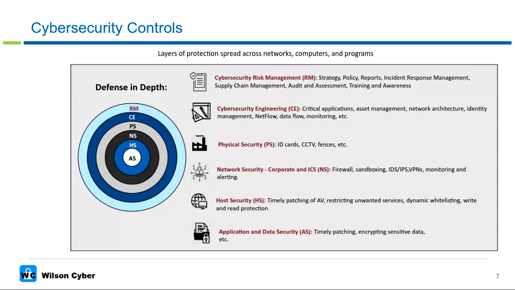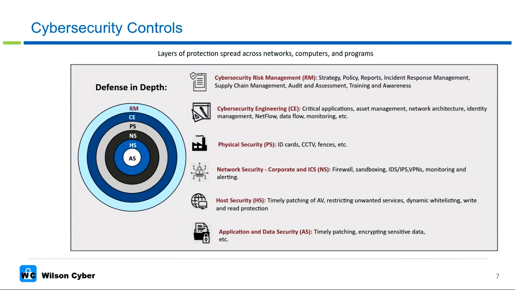There are layers of protection provided by controls. They're spread across networks, computers, and programs. At the highest layer, we have cyber risk management, strategy, policy, reports, incident response, supply chain, audit, assessment, training, and awareness. Beneath that, we have engineering, critical applications, asset management, network architecture, identity management, net flow, data flow monitoring.